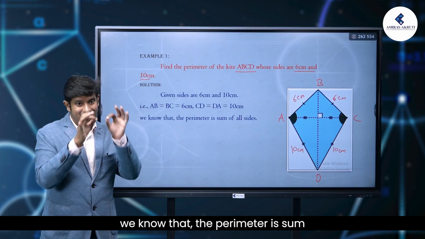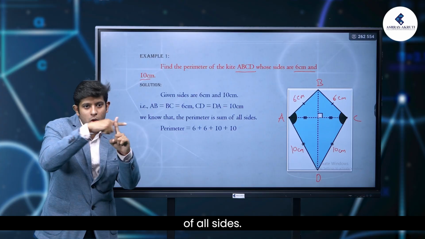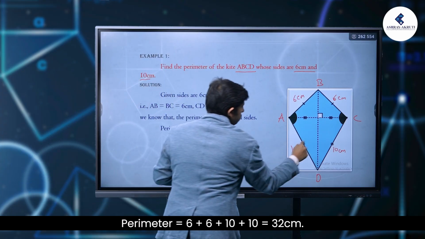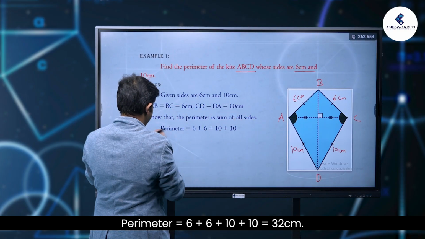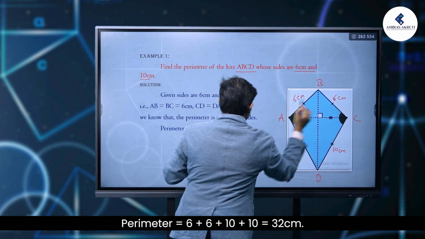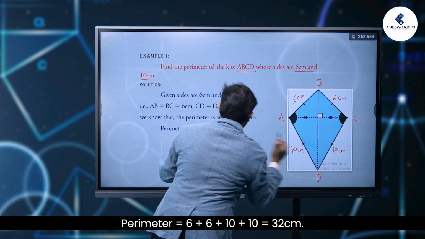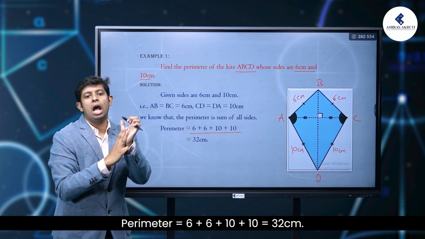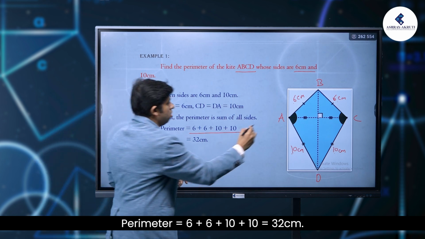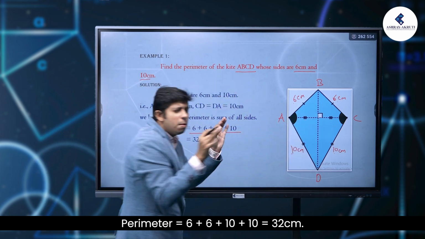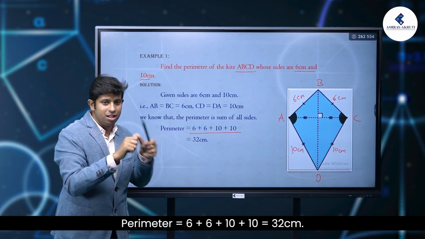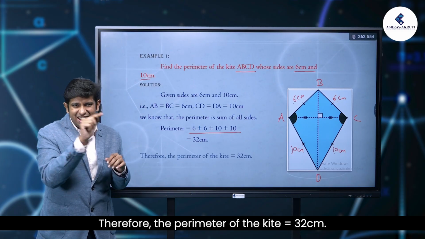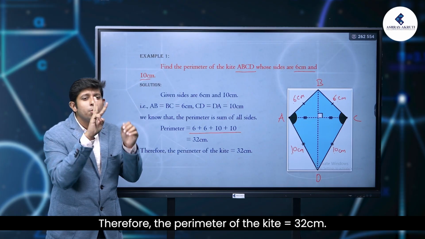We know that the perimeter is the sum of all sides. Perimeter equals 6 plus 6 plus 10 plus 10 is equal to 32 centimeter. Therefore, the perimeter of the kite is equal to 32 centimeter.